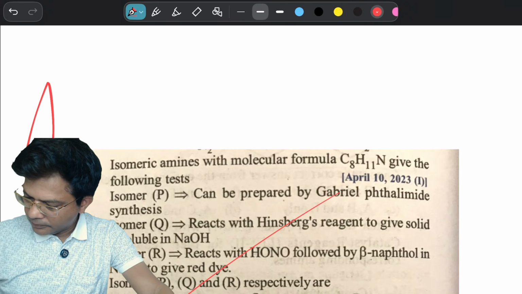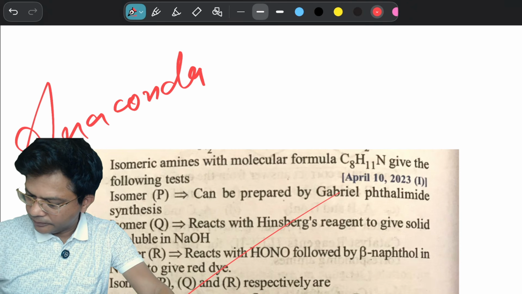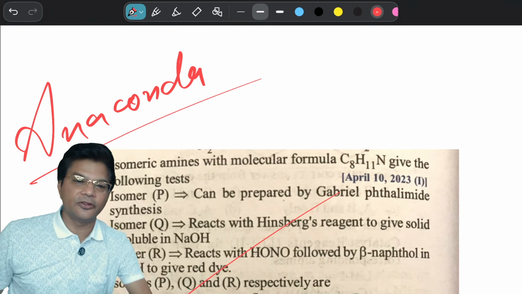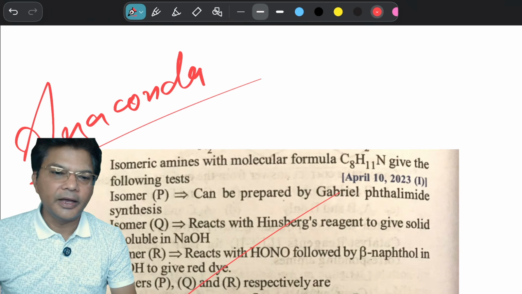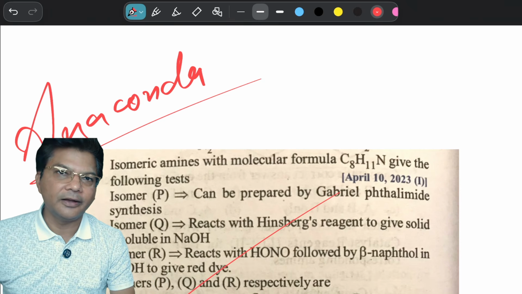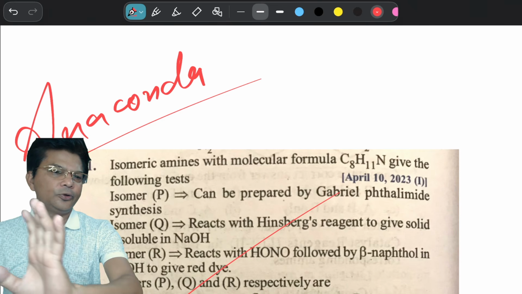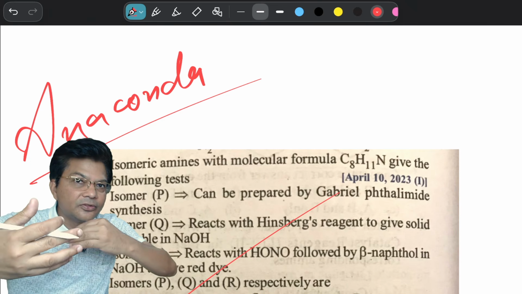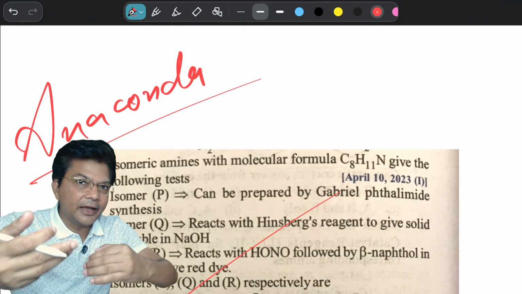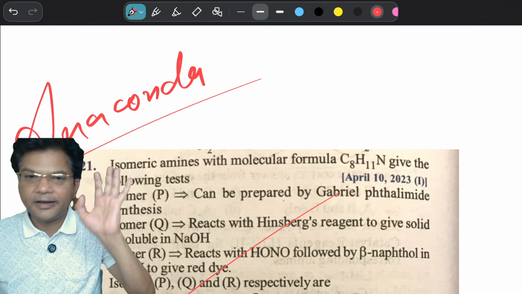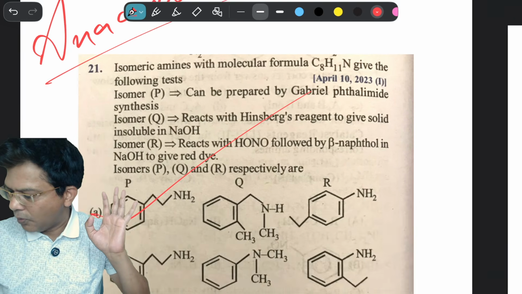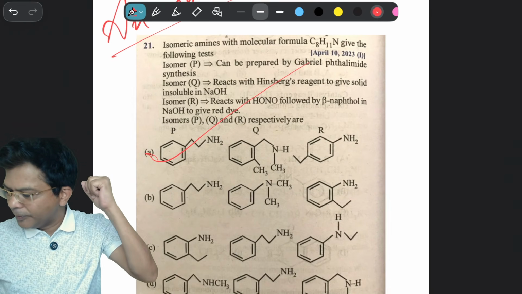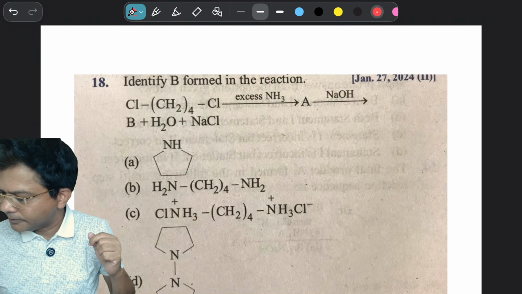Anaconda question. Anaconda means everyone can't do this question. If you're not able to understand this question, should I explain it once again? Sir, you have very well explained. No need to explain it again. You can replay this and watch it again and again. You will get it. Very nicely I have explained this question. Wow. Very good.